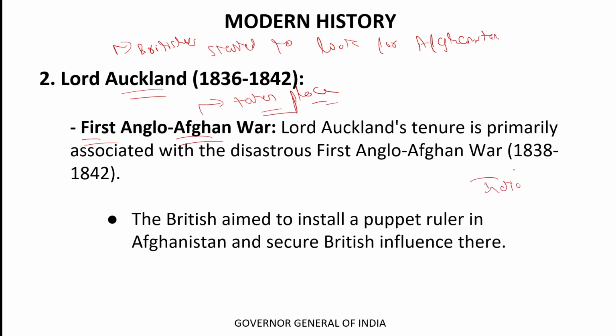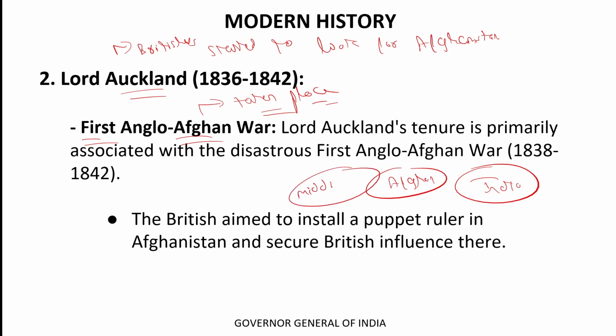Basically, let's suppose this is India, this is Afghanistan, this is the Middle East area. In the Middle East area, the Russian Empire was prevalent, and in the Indian region, the Britishers were there.